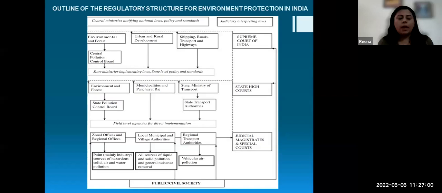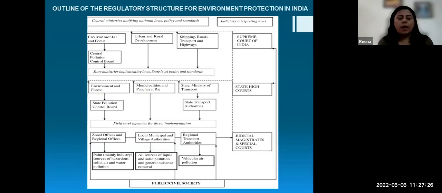Climate change has been added to the nomenclature to inform all stakeholders about the significance of climate change happening these days. So MOEFCC gives power to CPCB, and CPCB then implements laws, state level policy and standards.